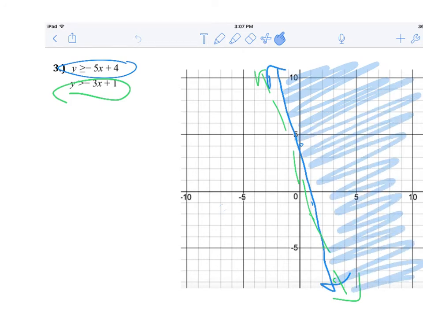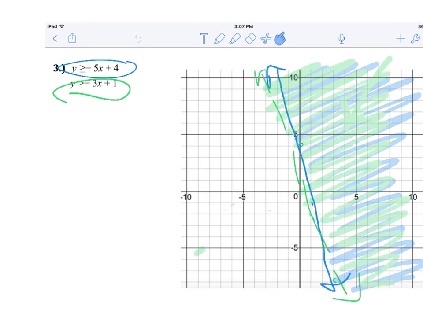For the green, we also have this side's the top and this side's the bottom, and it says y is greater than. So similar to what we did with the last one, we are going to shade above. So the part that's overlapping here would be our solution.